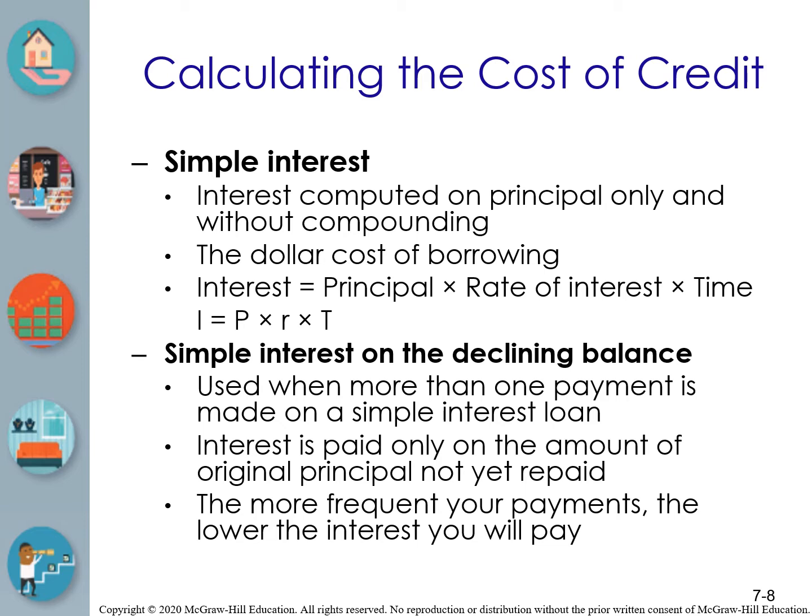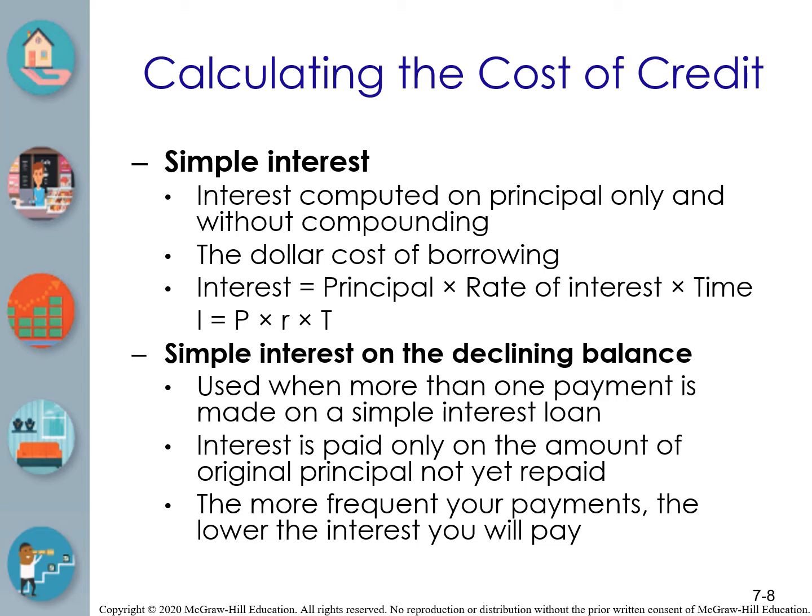Okay, so onward, calculating the cost of credit itself: simple interest. Again, we're looking at interest computed on the principal only, without any compounding involved, without adding on over and over. So we're looking at a fixed period of time and what the straight simple interest would be. The dollar cost of borrowing is equal to the principal times the rate of interest times the time.